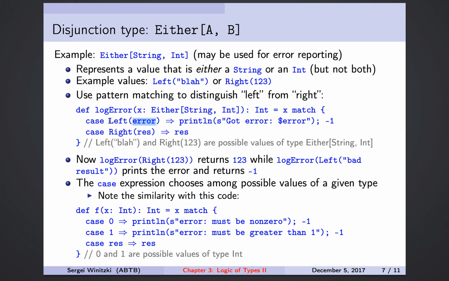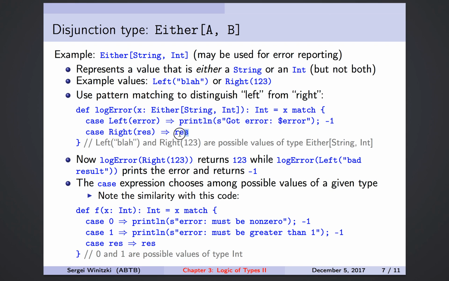Because if we are in the left case of disjunction, then the error is of string type. This pattern variable, we could have called it x or y or whatever. It's just a pattern variable, and it's introduced right here, and it only is visible within the scope of this expression. So here we cannot have access to error.